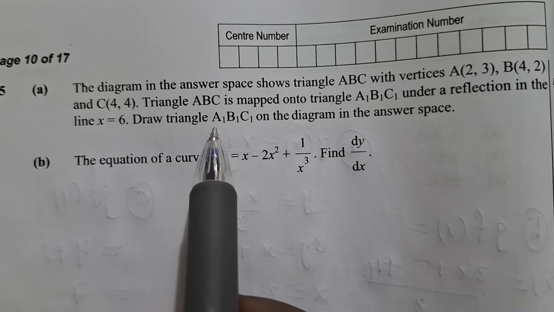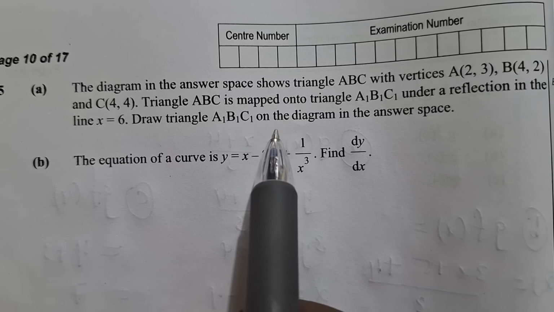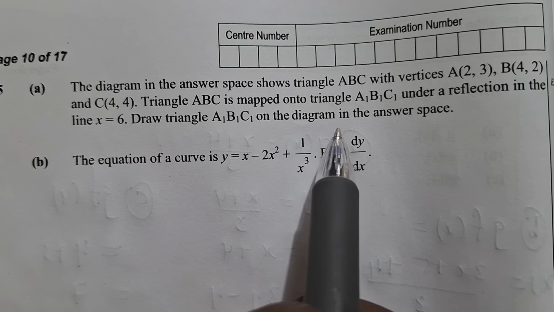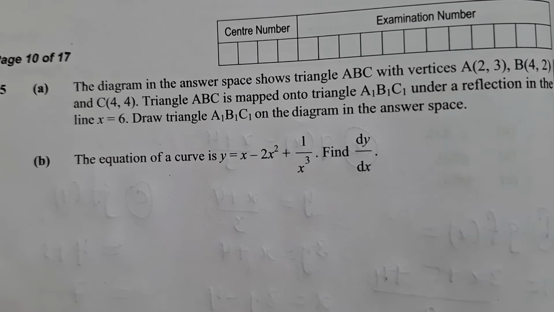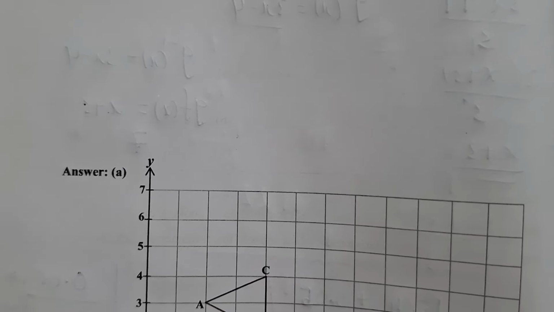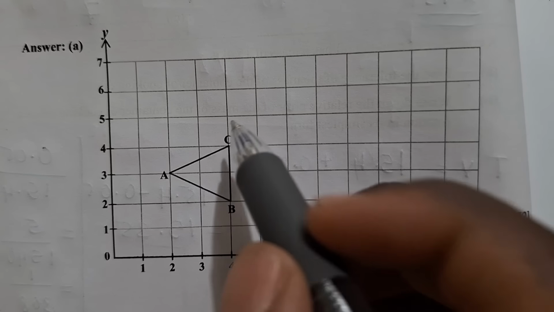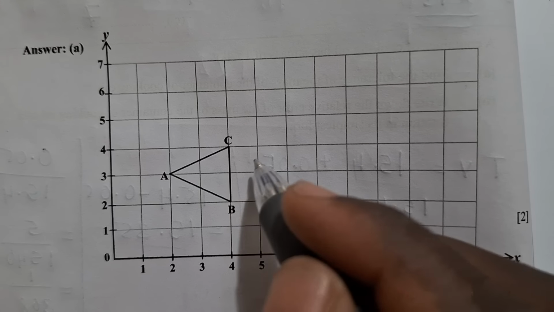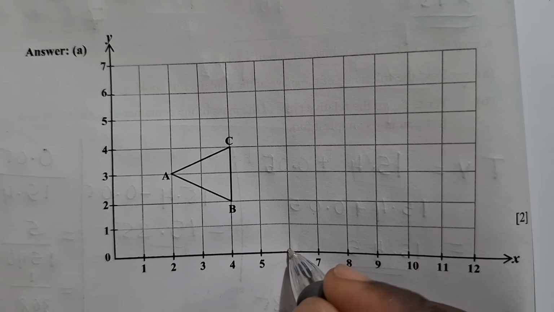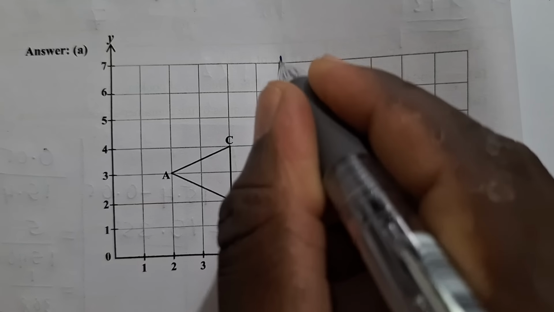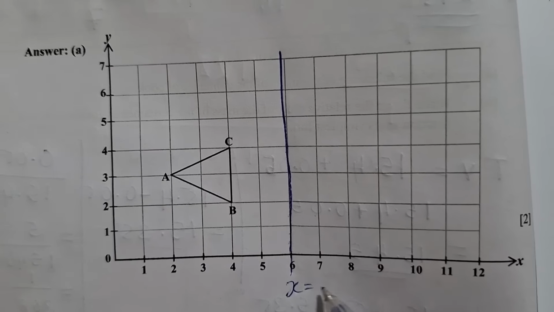Draw triangle A1, B1, C1 on the diagram. The line of reflection will be this one, x equals 6.